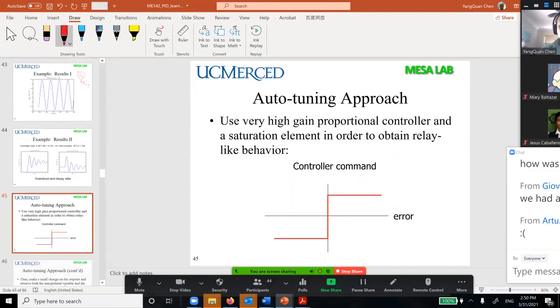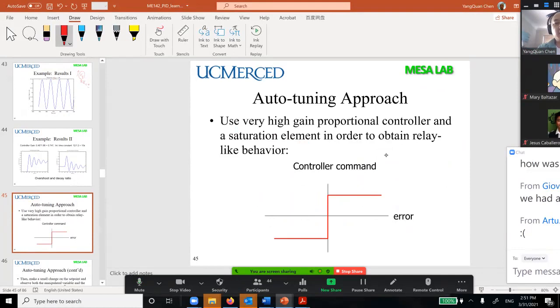Another idea we want to talk about today is called relay tuning, or relay feedback. Because if you push the system to an oscillation state, it is dangerous. The system might be damaged, and I don't want that. I hope I can control the oscillation amplitude and still get something out of it.